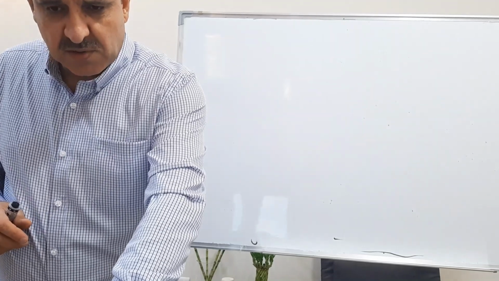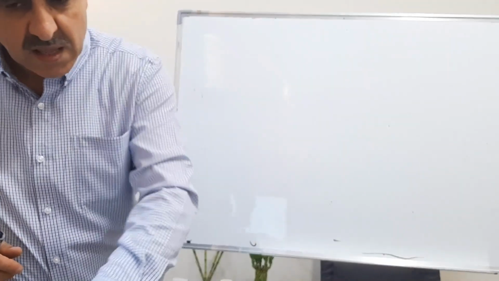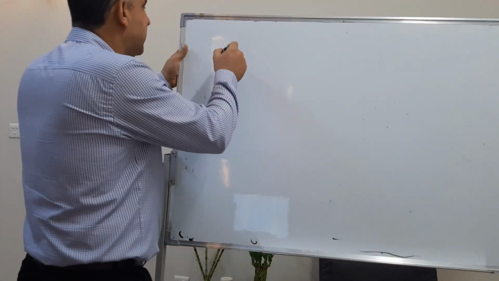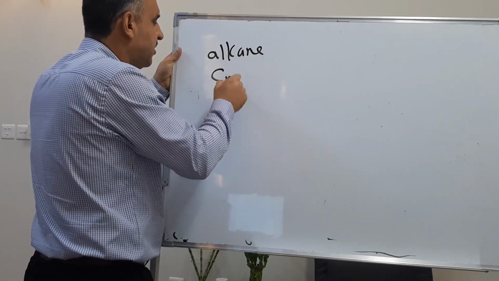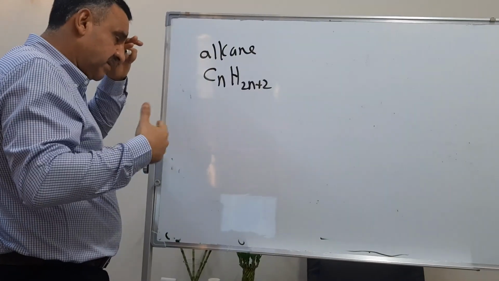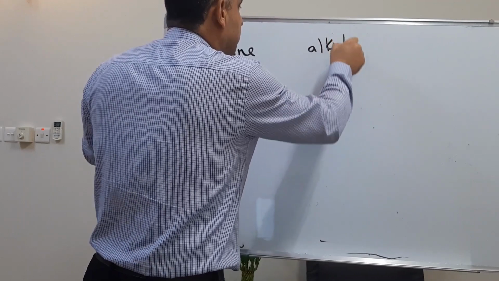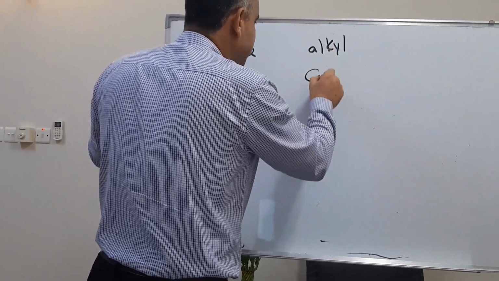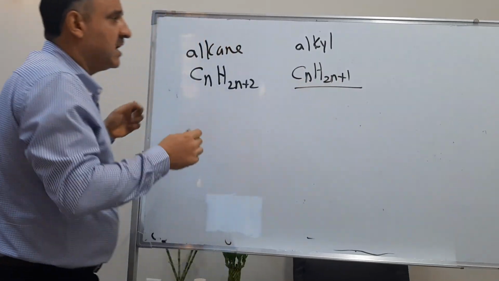All right. So besides this, you can see from this table there are certain alkyl groups, as we call them. Alkane has the general formula CnH2n+2. In organic chemistry we exclusively use the term alkyl group, and the alkyl is simply CnH2n+1.